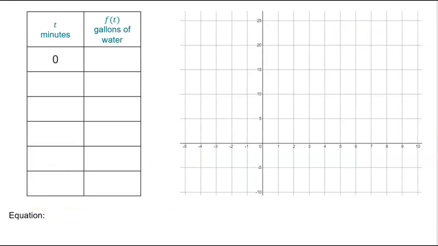So if we were to set up a table, a graph, an equation again, let's see, we could do the number of minutes over here. We started with 5 gallons of water, and we're adding 2 gallons every minute. So we go up by 2 every time.